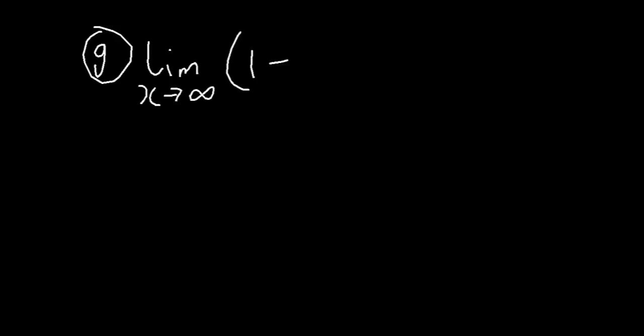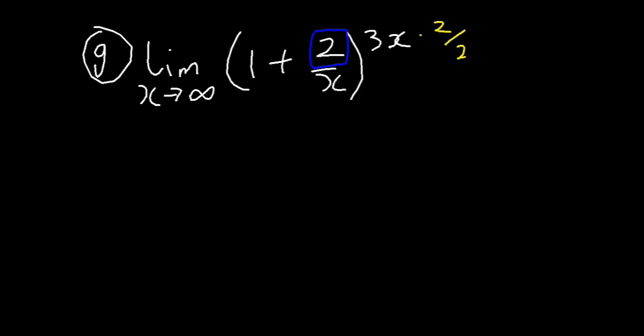Now let's move on to the next example. For the limit when x tends to infinity of (1 plus 2 over x) raised to power 3x. For this, we have 2 over x instead of 1 over x. So let's multiply the power by 2 over 2.